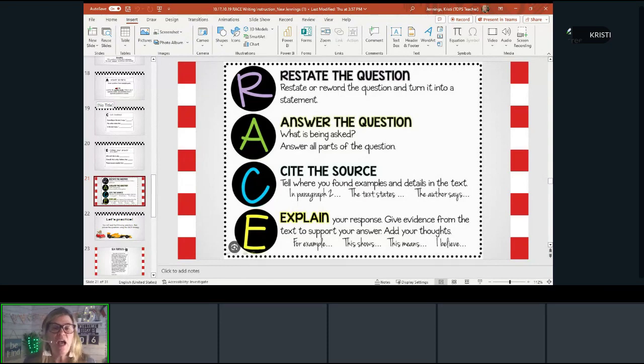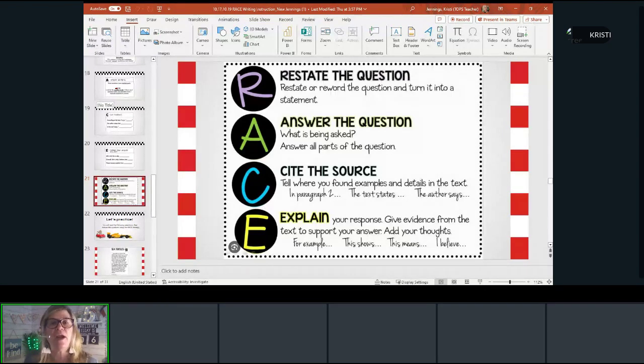You're going to say, according to the passage in paragraph 2, the word portable means blah, blah, blah, and then you'll put a period. Instead of just saying portable means, lowercase, blah, blah, blah, you're now going to turn it around and make it into a complete sentence with a capital letter at the first word and a period at the end.